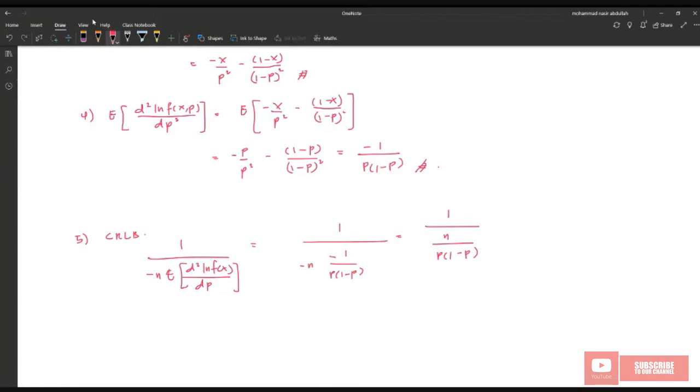This is 1, right? So this one should be P 1 minus P divided by n, right?